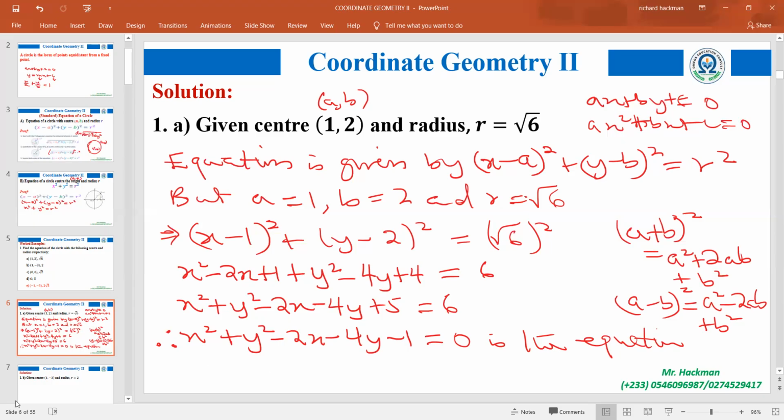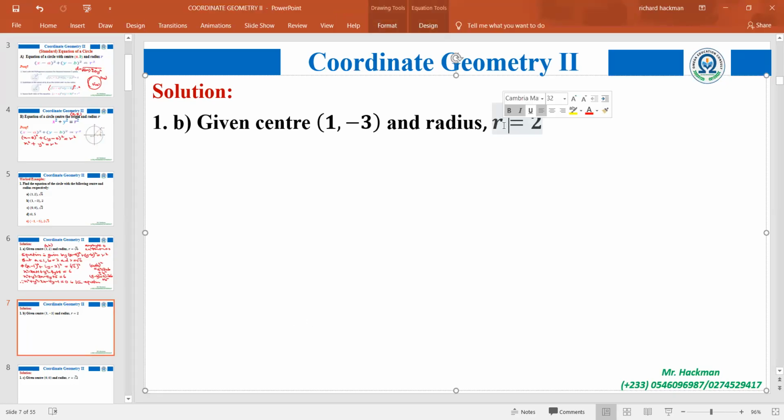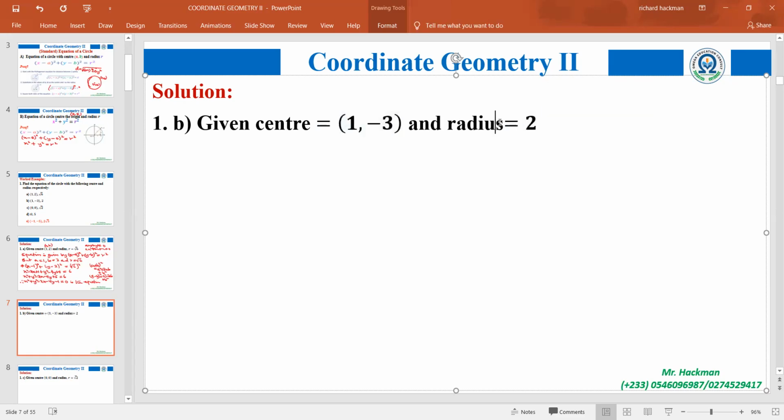Yes, please. Very good. So quickly, we are going to look at the second one. Okay, so B, again, we are given the center and the radius. Let me clear this so that I will deal with it the other way. Center is equal to, and radius is equal to, if you like.